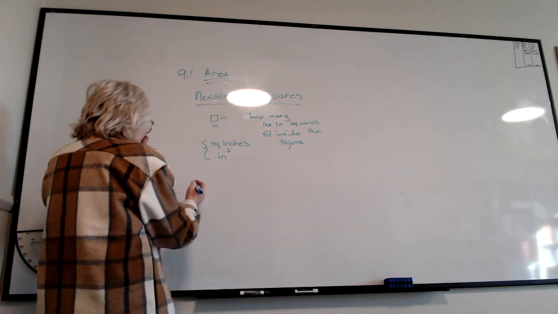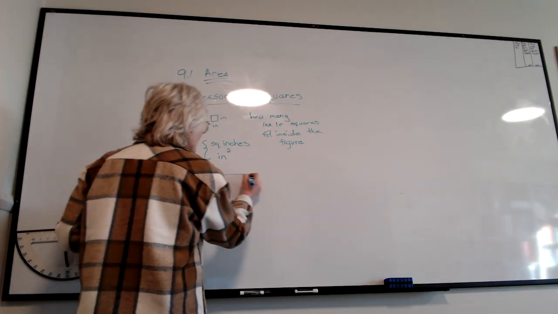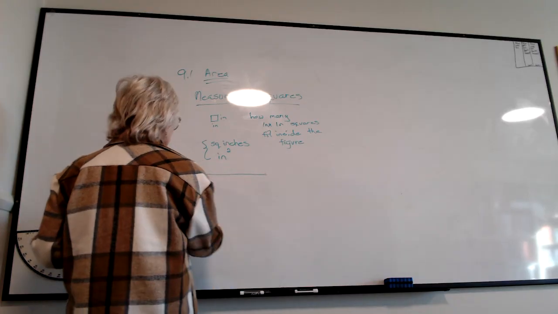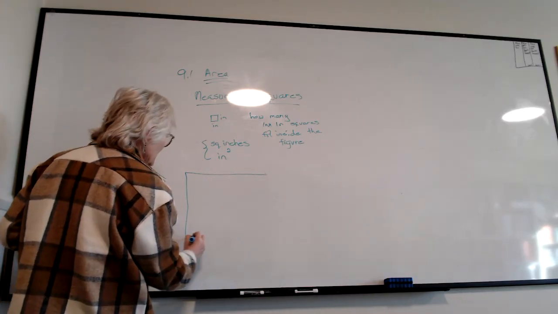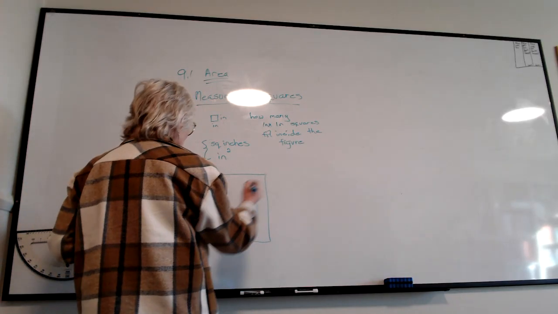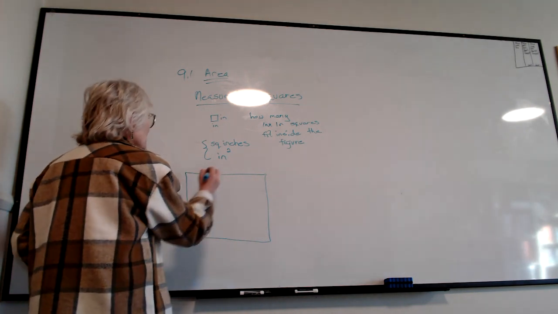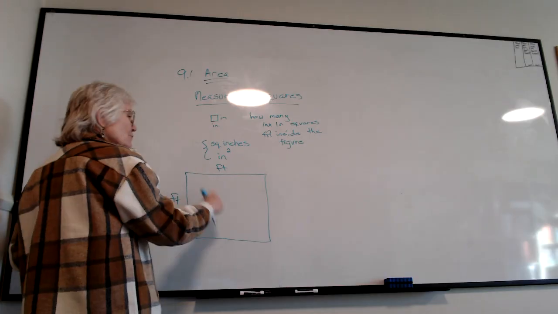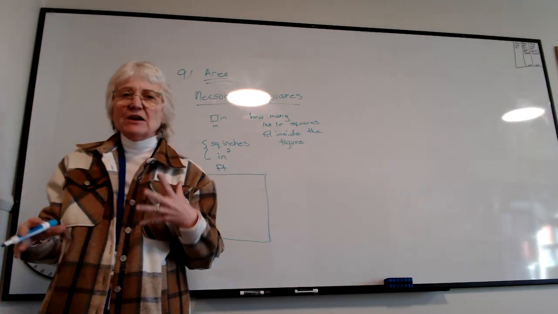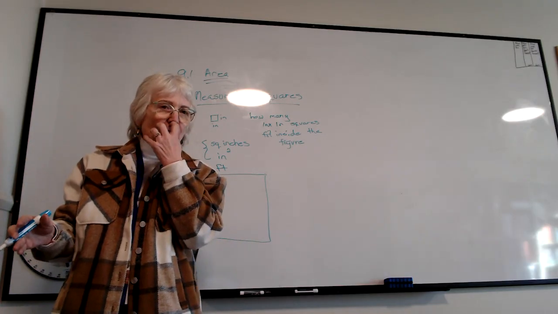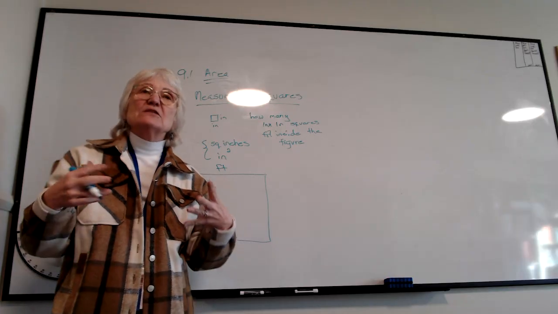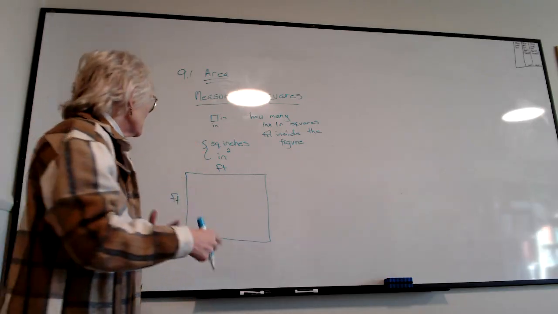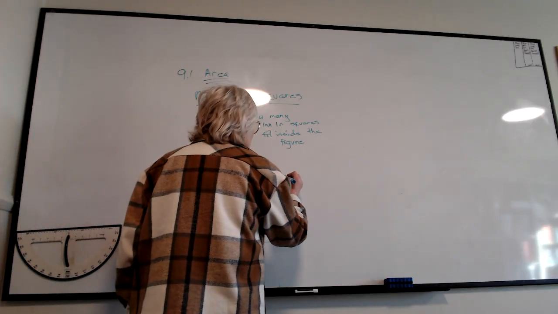Or if we have something that's a foot, I'm not sure how long a foot is, but I could approximate. Okay, we're looking at a foot by a foot square. So when we're talking about area of a house or a room, we're talking about how many square feet. So this is a square foot.